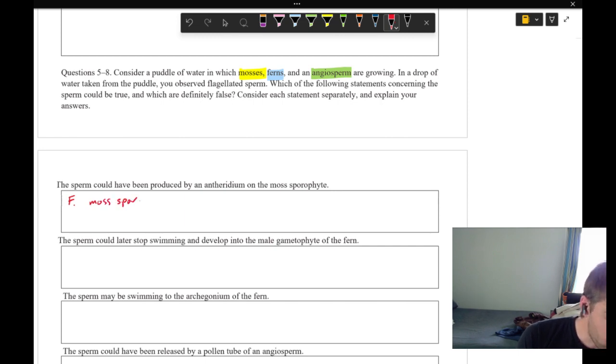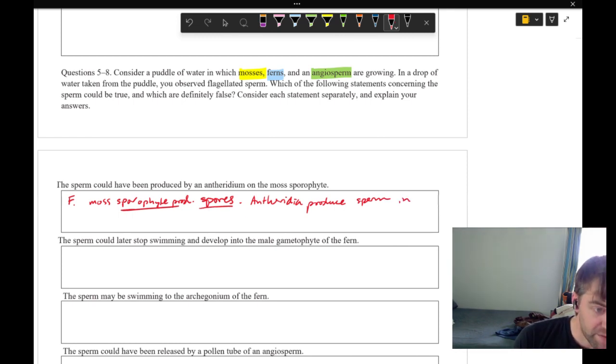Moss sporophytes produce spores. Antheridia produce sperm in or on moss gametophytes.